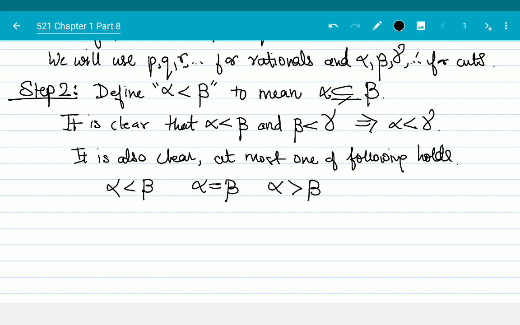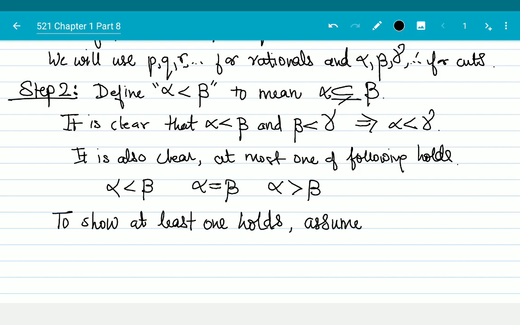Okay, so to show that at least one holds, assume the first two don't hold.